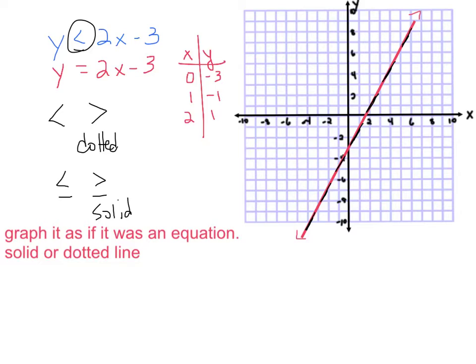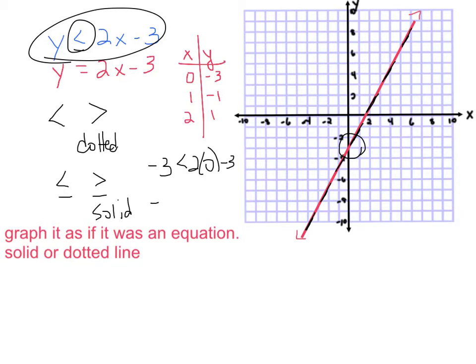The reason for this is, let's pick a point on the line. Let's pick 0, negative 3, and let's try to put it in there as a solution. So if we do negative 3 is less than 2 times 0 minus 3, we see that we get negative 3 is less than negative 3. Now, it's really close.